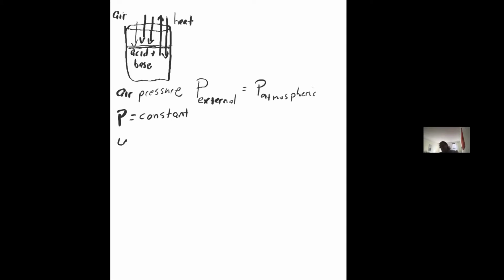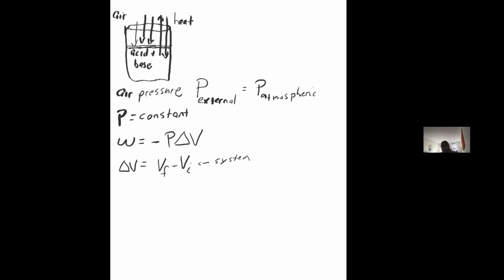We can claim that any work done by the reaction, the system, is equal to negative, and make sure you have this negative here, the external pressure, I'll just put P for external pressure, we'll assume that means external or atmospheric, times delta V, where delta V is equal to the final volume minus the initial volume of the system. So this refers to the system.